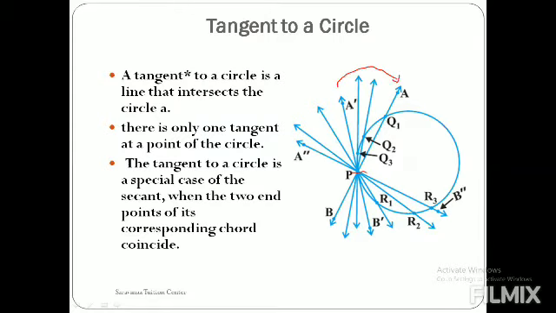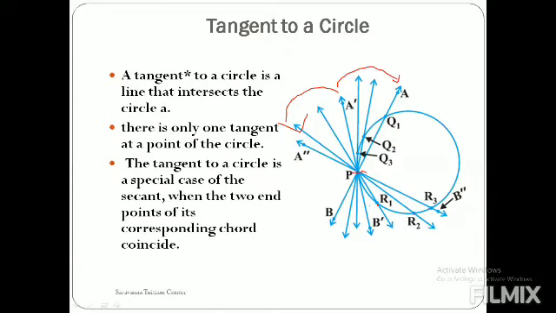You see that at every moment there are two intersecting points, right? When you take A dash B dash from this side to this side, similarly, you can see the secant's intersecting points. So there is only one tangent at a point of a circle. A dash B dash is the only tangent at this point.